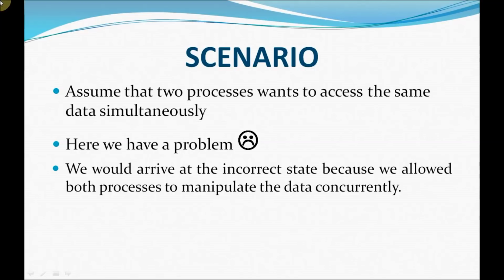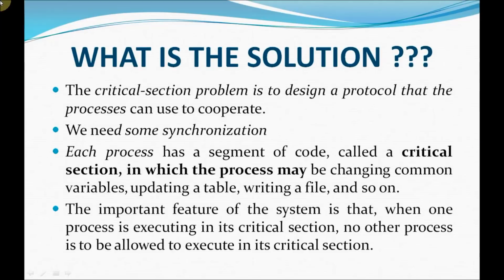To overcome this problem, we need to design a protocol that is going to implement the critical section problem. So what is the critical section problem? It will implement some synchronization.